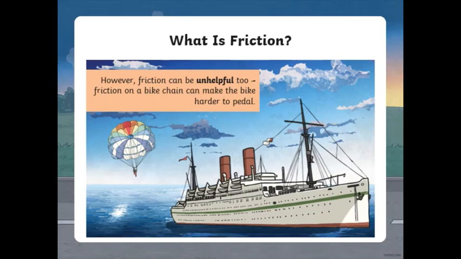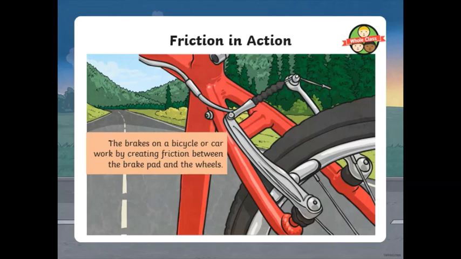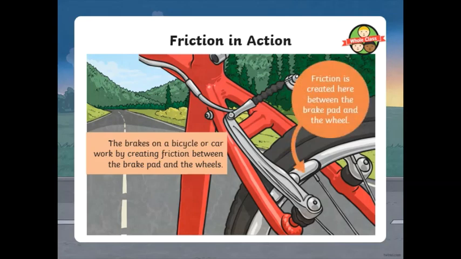Friction on a bike chain can make the bike harder to pedal. The brakes on a bicycle or car work by creating friction between the brake pad and the wheels. In this picture you can see the brake pad and the wheels, and friction is created here between the brake pad and the wheel.